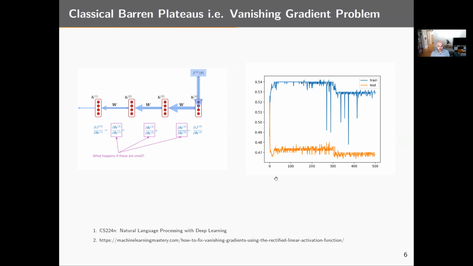In practice, you would see plots like the one here on the right, where your training accuracy would start increasing, and then it would stop, and the model would just stop learning.